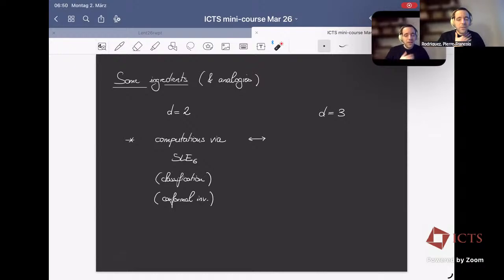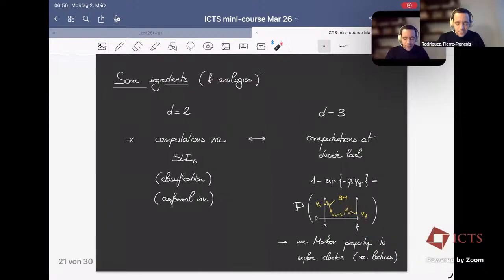And here the story is actually a little different. It's maybe more in the spirit of what happens with Ising in dimension 2, in that it's a model which has some integrability. So you can perform computations directly at the discrete level for the specific percolation model that I defined.